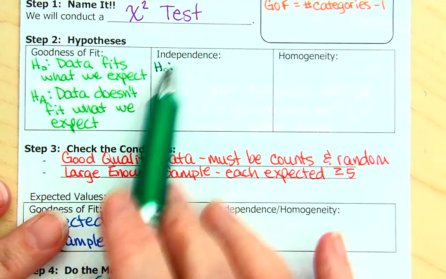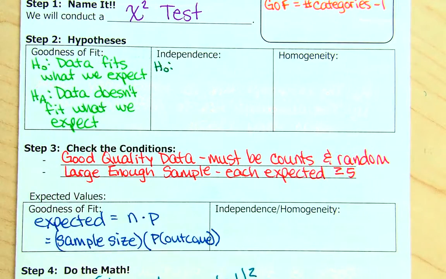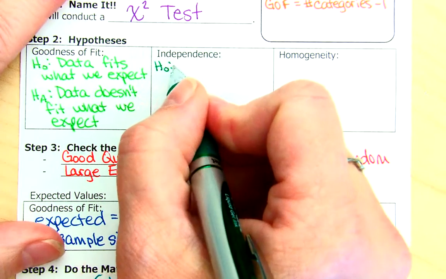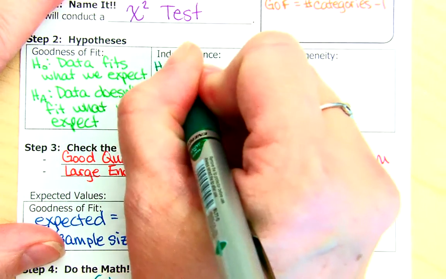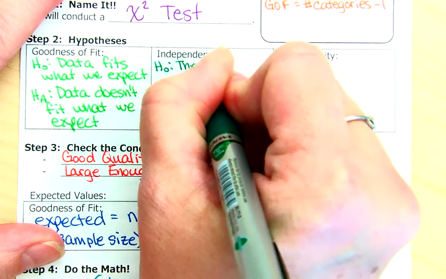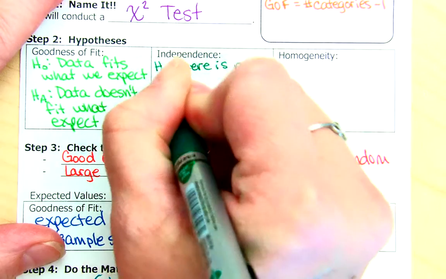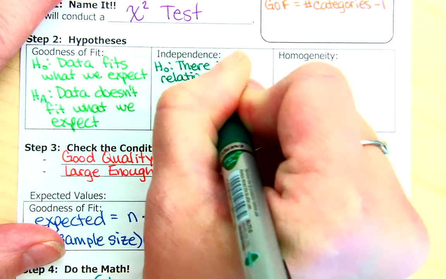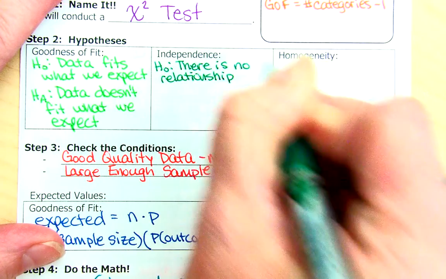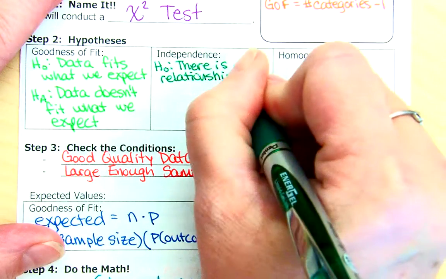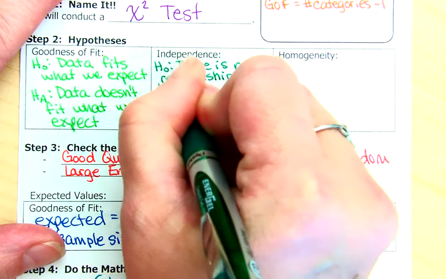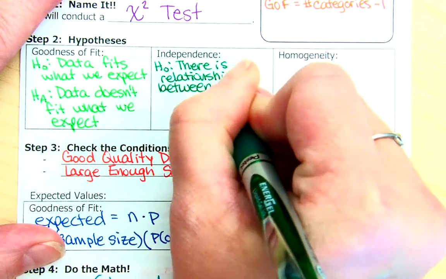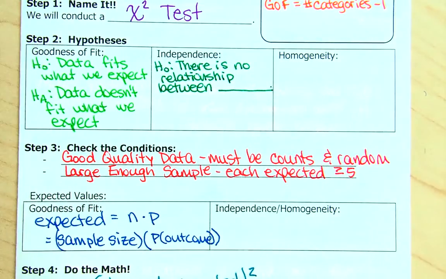Because remember, it's one population, two variables. So that's going to be our H0.